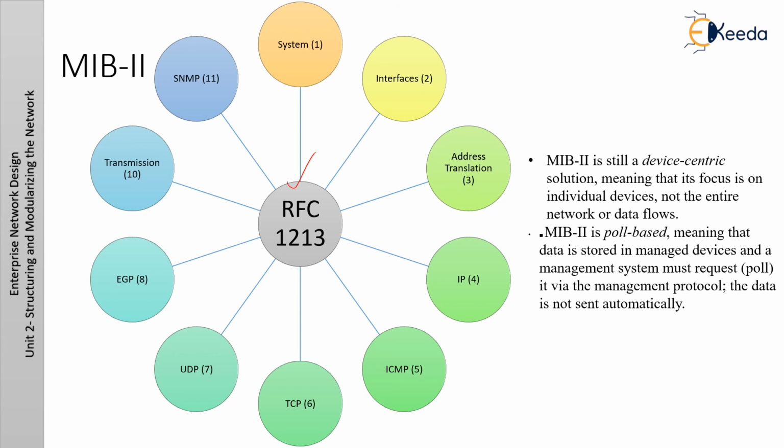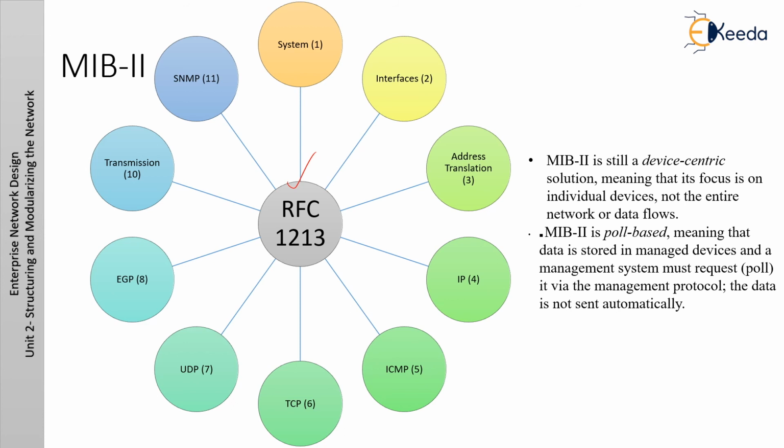It remains compatible with the previous version, which is why MIB2 returns the same object identifier as MIB1. So this is not a tree diagram, but here different numbering is shown, like system, interface, address translation, IP, ICMP, TCP, UDP, BGP, transmission, SNMP. So these are the 11 groups.